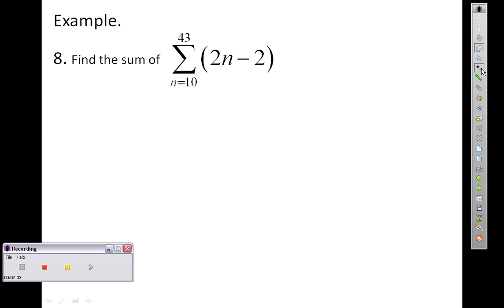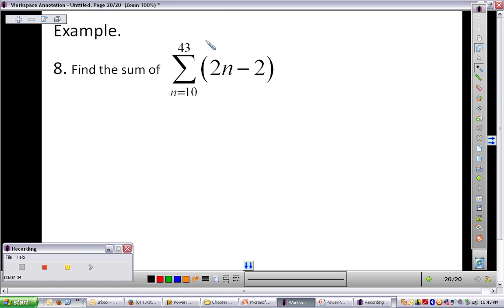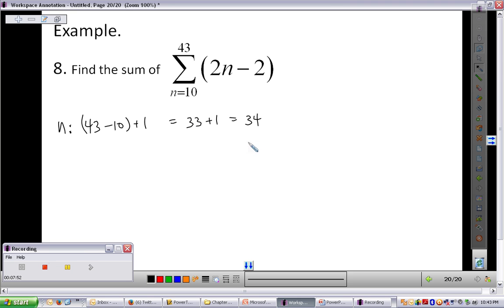Another example. Same process. Given the sigma notation here, we need to find a couple things. N: top number minus the bottom number. So 43 minus 10 plus 1. 43 minus 10 is 33. 33 plus 1 is 34.